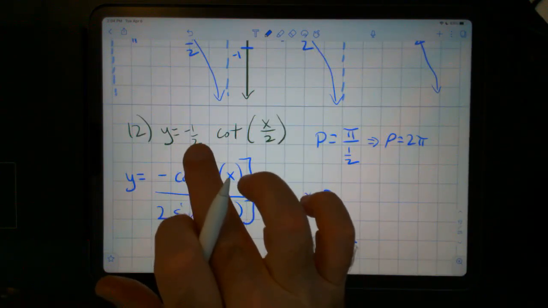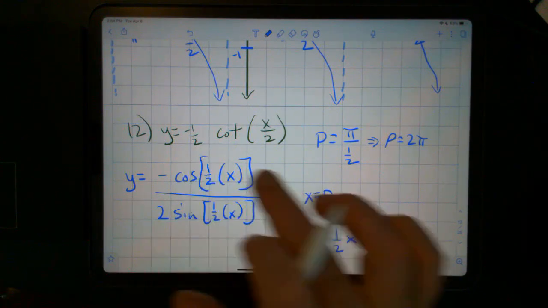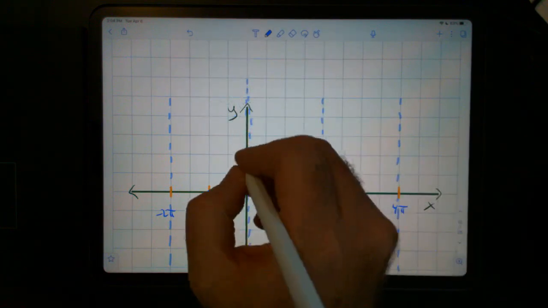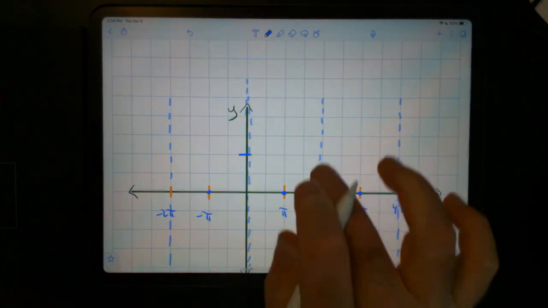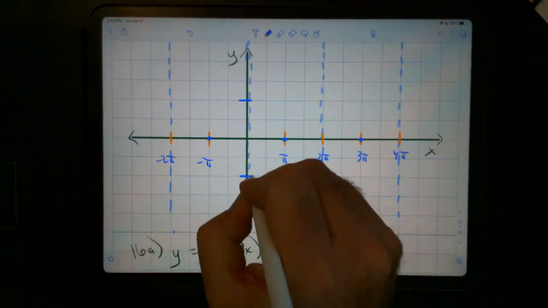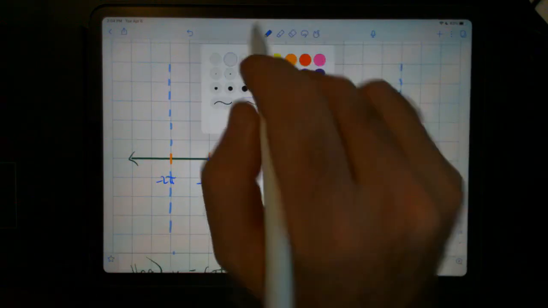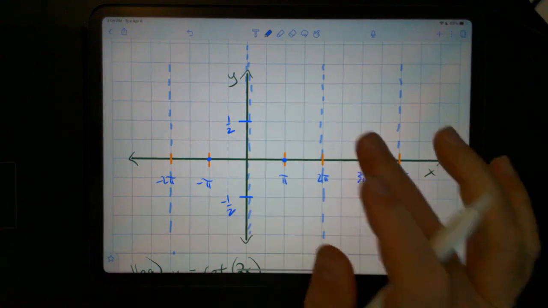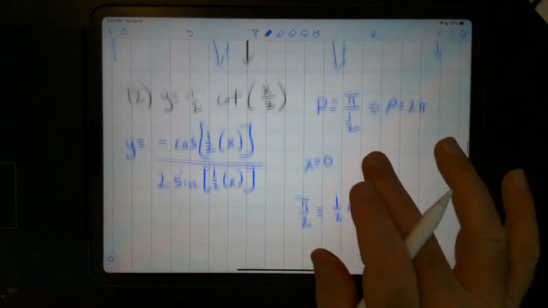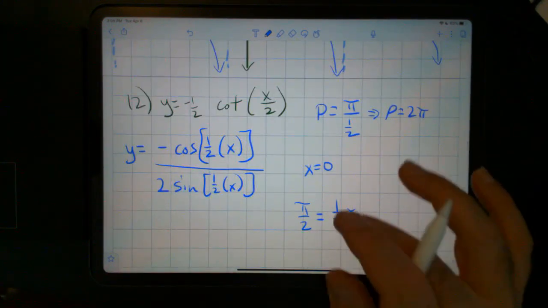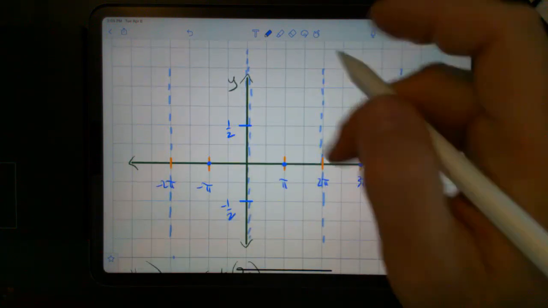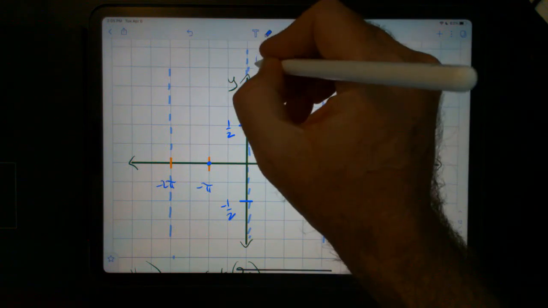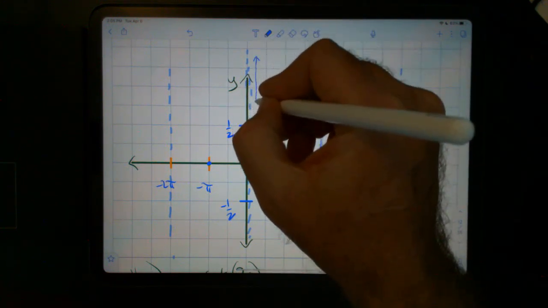Since I have 1/2 as my amplitude, I'm going to choose to make these marks 1/2 up and 1/2 down. And since cotangent is the reflection of tangent, it's going to look like this.